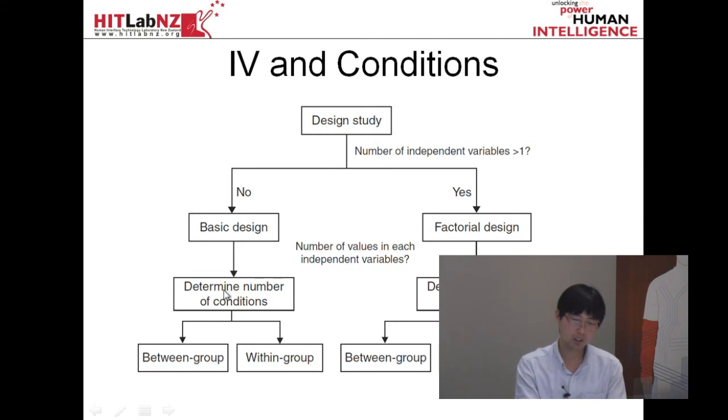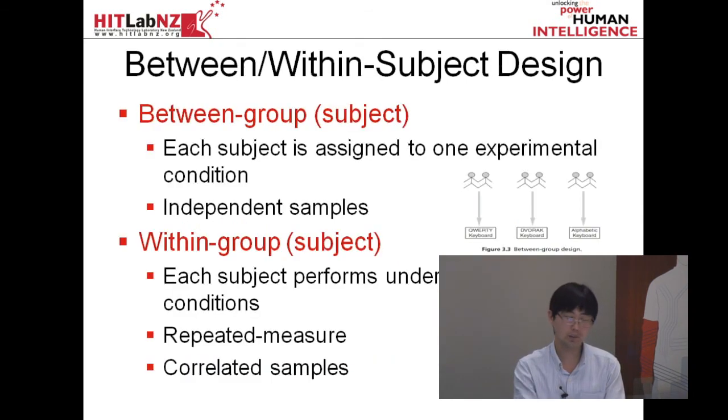And then once you have identified all of those conditions that users have to try, you are faced with how to assign each of the participants to each of the conditions. One way is to let each of the participants try all of the conditions. So each participant trying all 6 conditions is called within subject design.